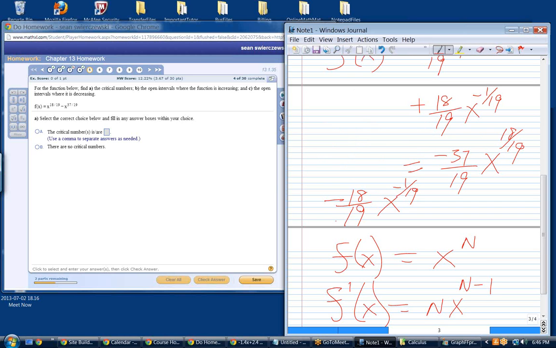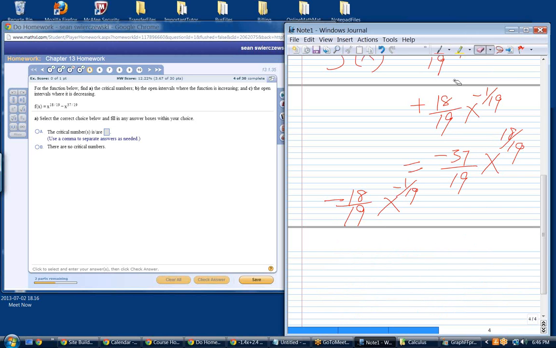Now, the term on the left, let's rewrite it with a positive exponent because it's significant. Minus 18/19 x to the 1/19th all has to be equal to minus 37 over 19x to the 18/19ths.